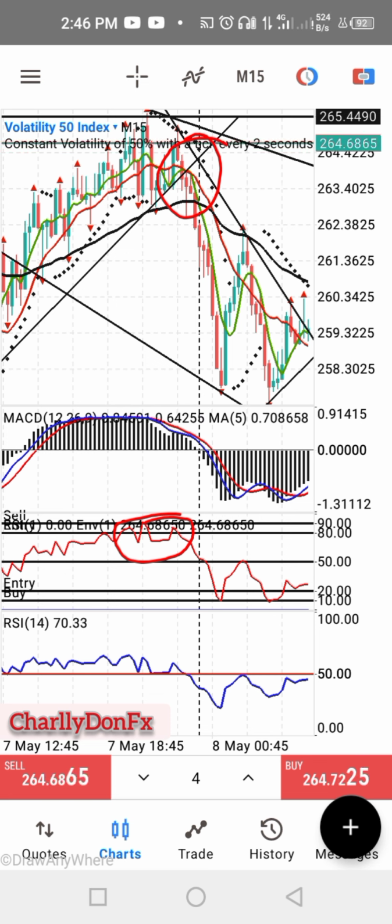So you make your confirmation from other indicators. And you see our MACD started reversing. And now our moving averages crossed over. And after then, there was a crossover of the RSI telling you that yes, you can sell.